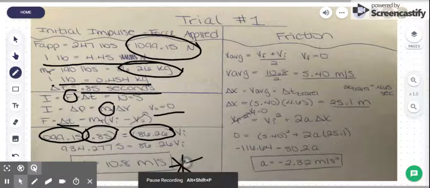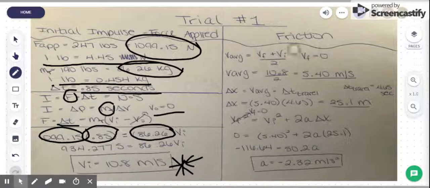Using the impulse velocity as the initial velocity, and knowing that the final velocity is 0, we found that the average velocity is 5.4 meters per second. We were able to find the distance traveled by multiplying the time of the distance traveled, which is 4.65 seconds, by the average velocity of 5.4 meters per second, making the distance traveled 25.1 meters.